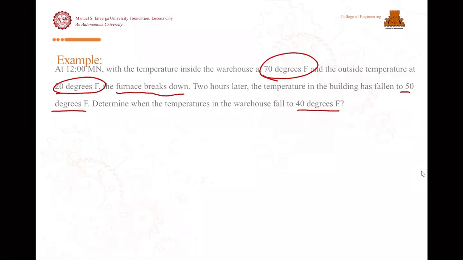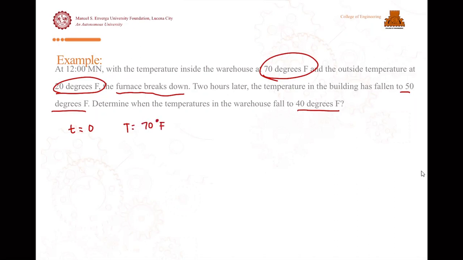So, one method in solving this is to write in chronological order what happened. So, for example, at time t equals 0, it means no changes have happened yet, the furnace has not broken down yet, and at the start of the problem our temperature is 70 degrees. Okay?